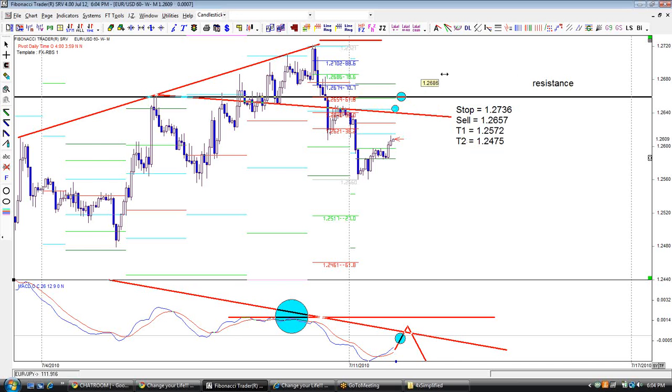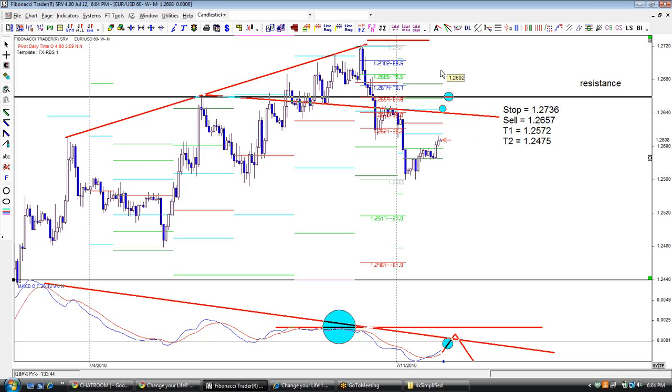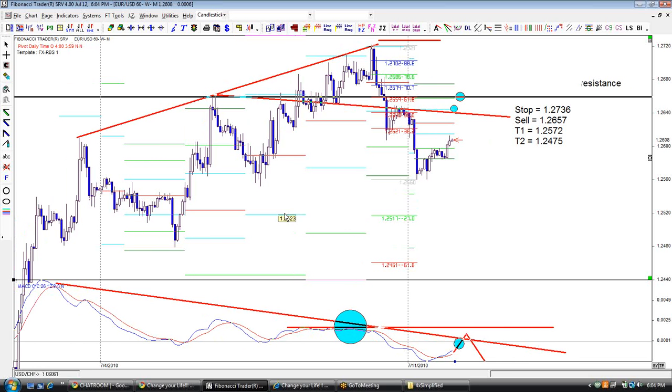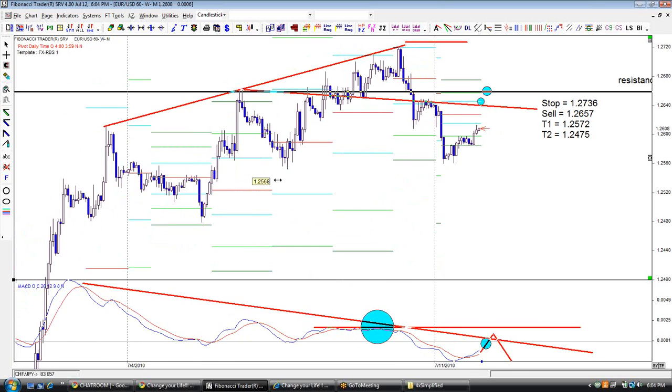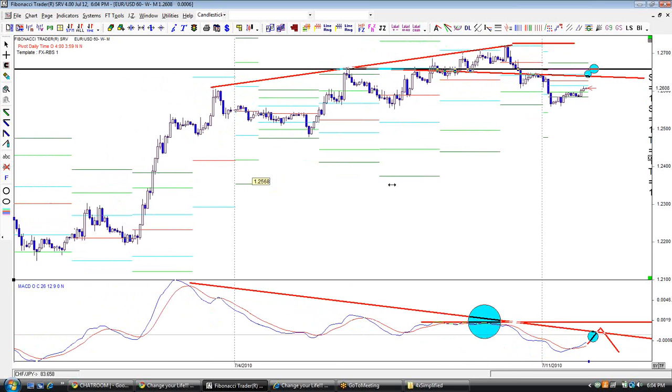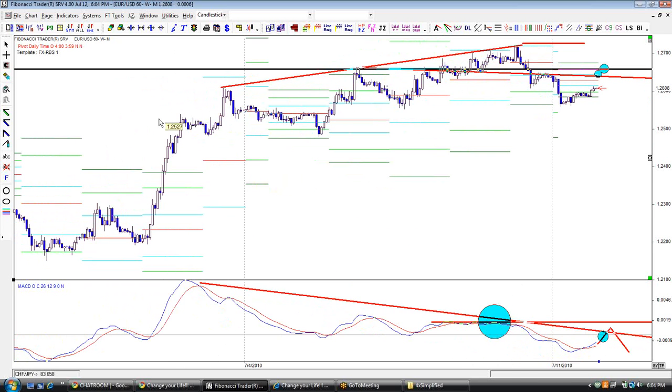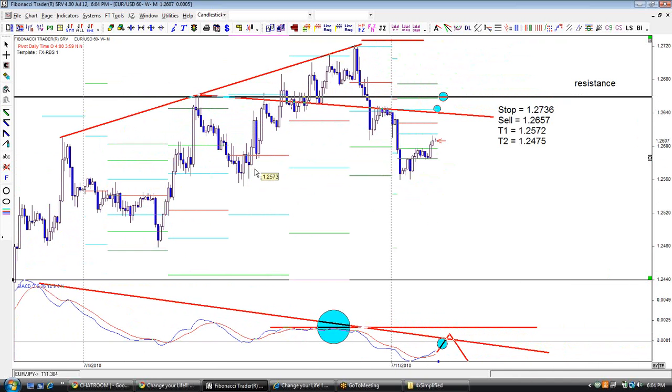Well, I will pull fibs from, let me give you an example. I still want to manage to see what the main swing is.